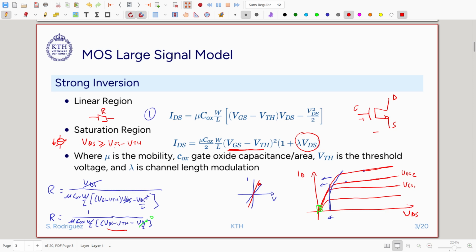It is transforming voltage to different current values, and this is the region in which transistors work when we are building amplifiers, and in which we are going to be working most of the time when we are working in strong inversion.